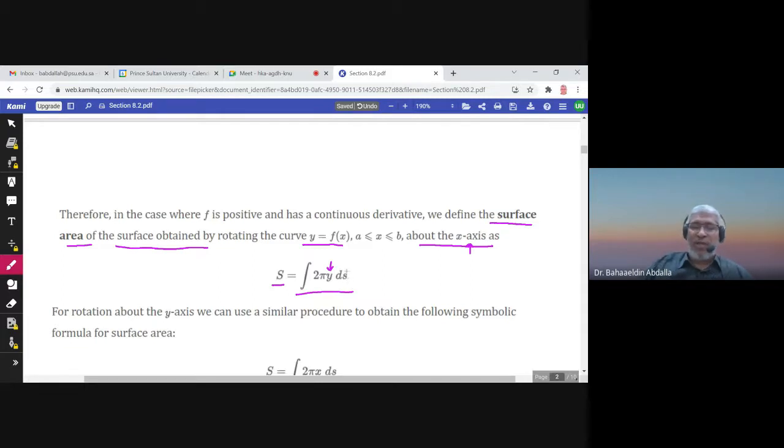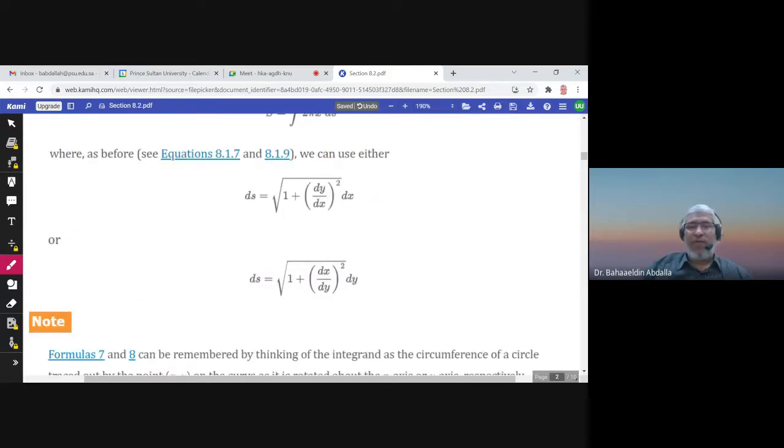It can be written in terms of x or y. This is ds from section 8.1: square root of 1 plus dy by dx squared dx, or dx by dy squared dy.